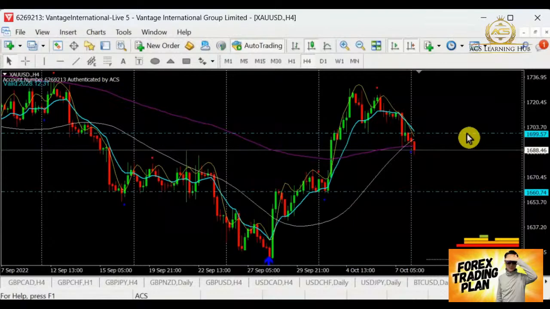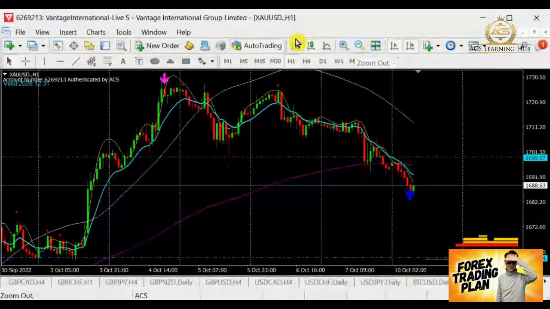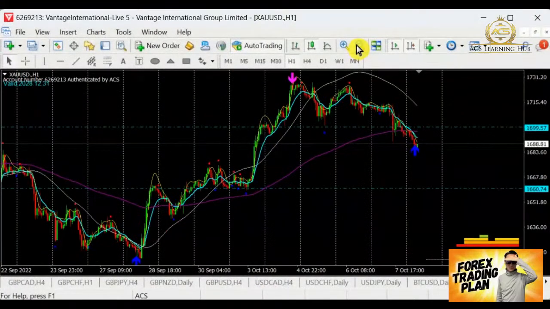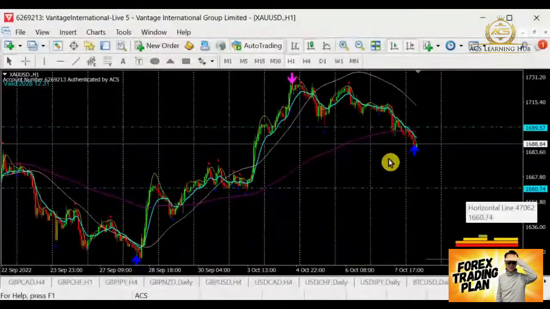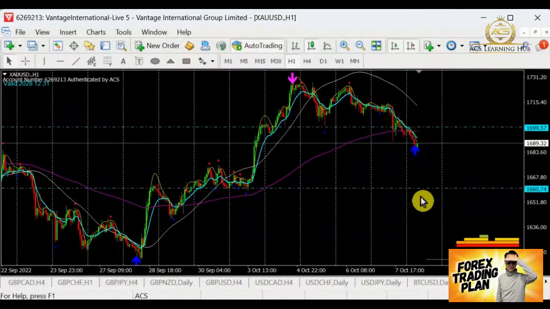However, I will be looking at more than just support and resistance, because gold is now a bit different. Support wise, the targeted price I will still say is in this area, 1660 for selling. But of course, we will not just come down in one straight line, unless something important happens.